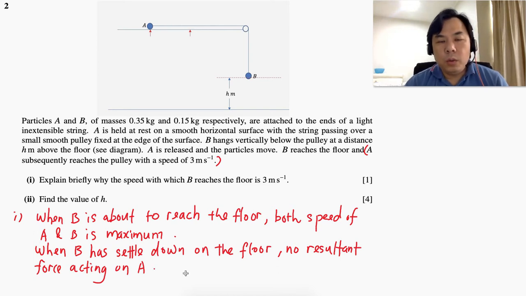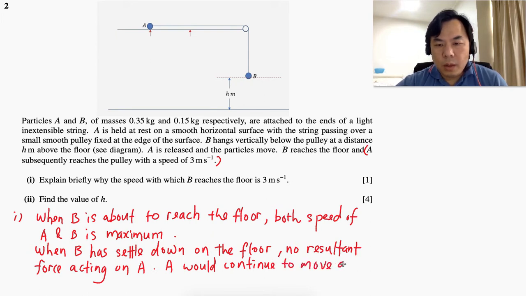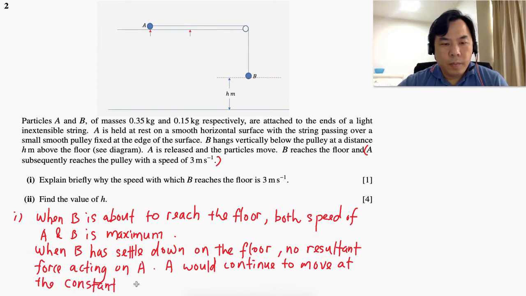Therefore, based on Newton's first law, A would continue with the same speed, which is the maximum speed. Therefore, A would continue to move at a constant speed of 3 meters per second.